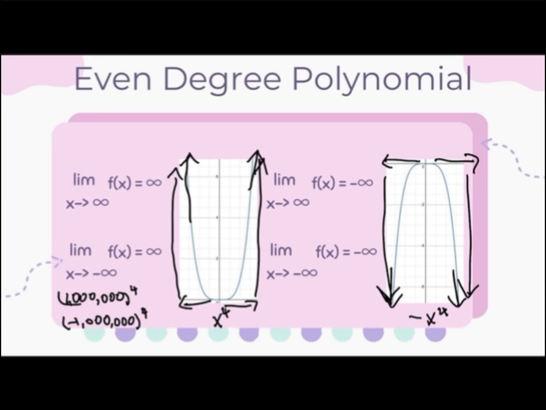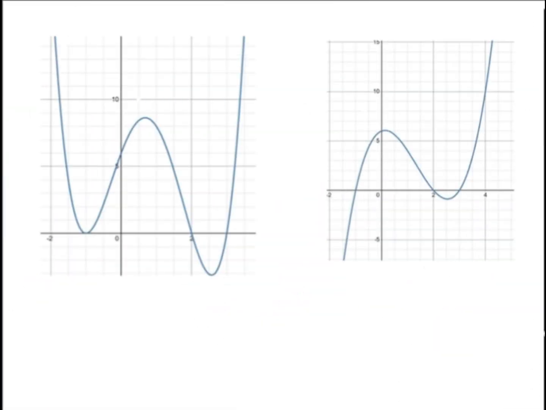And using the 1 million again, if you have 1 million to the fourth power with the negative sign, it's going to be negative, and negative 1 million to the fourth power with the negative sign is also going to be negative, equal to the same thing as the other one.